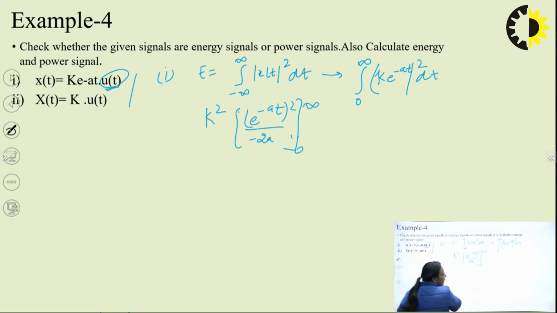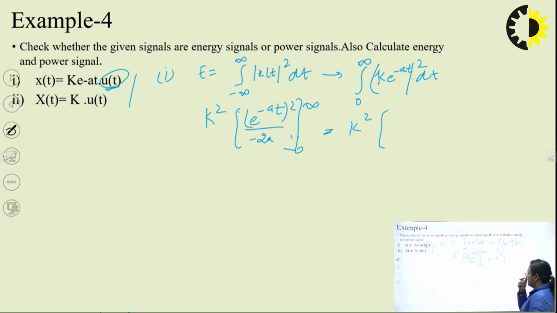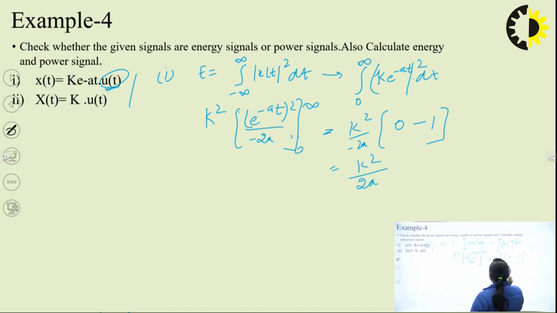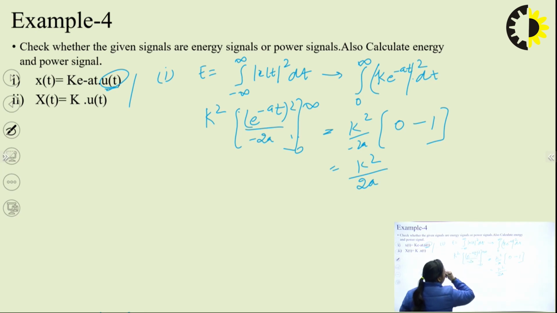And the value will then be k square, and e raised to power infinity minus infinity is 0, minus 2a. Taking the upper and lower limits, e raised to power minus infinity is 0 and this will be 1. So the value here is k upon 2a, okay? How is it 2a? This is k square, k into minus a, okay?